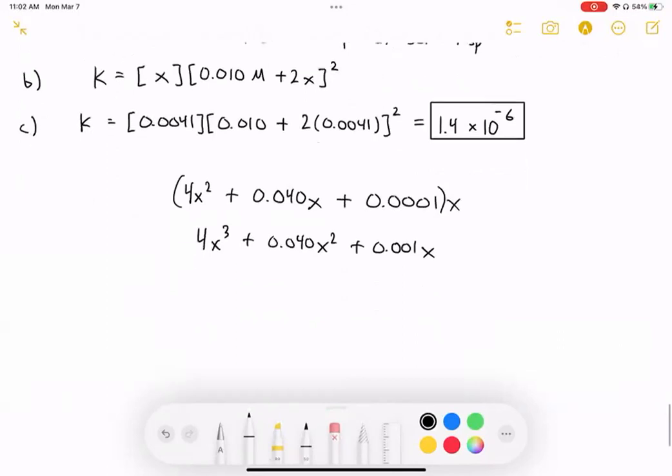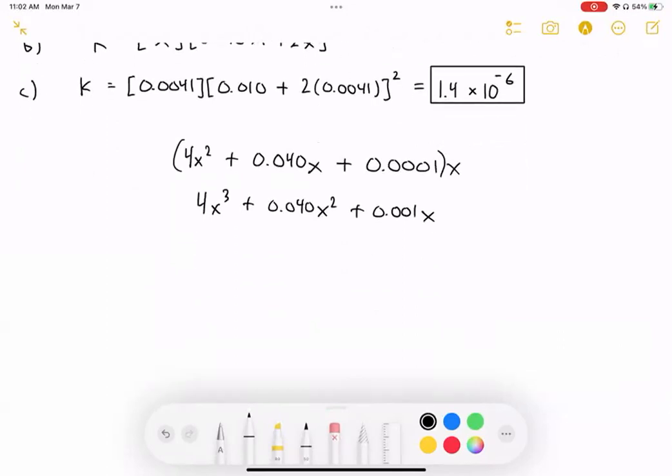Now, if we solve that, it should give you the same number, I think. 0.0041 cubed times 4, plus 0.0041 squared times 0.040, plus 0.0001 times 0.0041. Yeah, but it's a very complicated number.